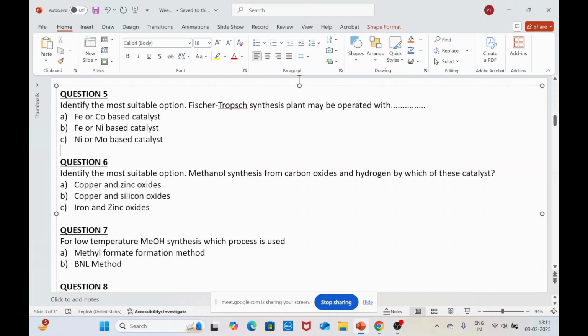So this Fischer-Tropsch synthesis is used for converting the syngas to other derivatives.